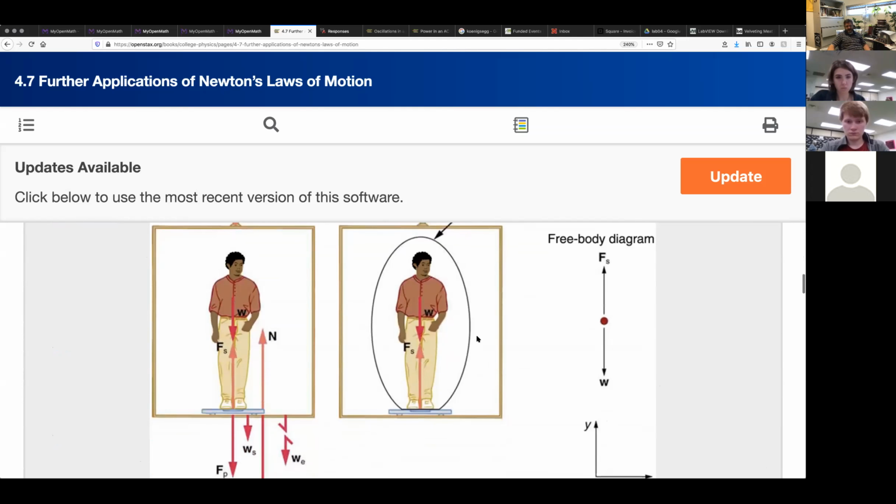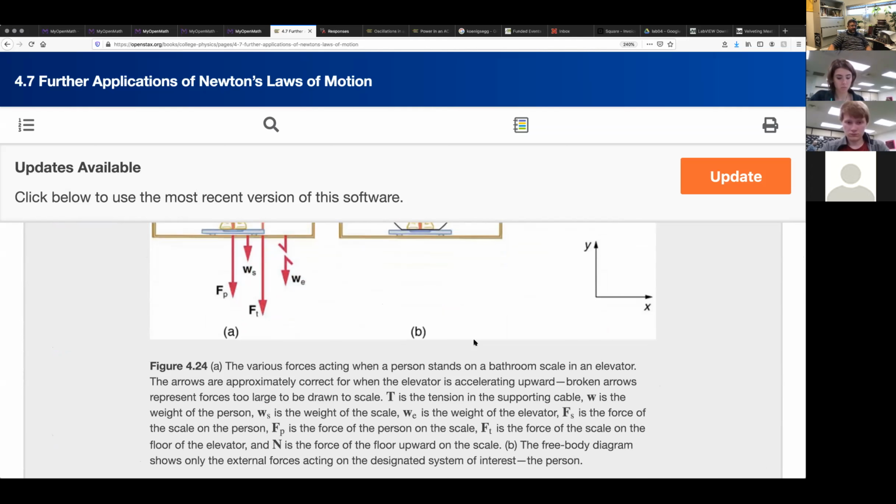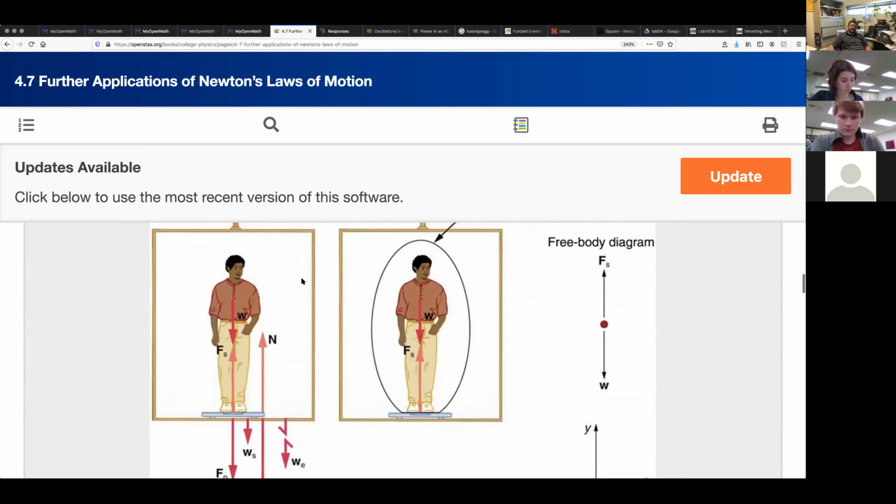This one confuses the heck out of people because we have a hard time wrapping our head around what it means to weigh ourselves. So if you're weighing yourself just on plain old ground, your weight is the gravity of the earth pulling you down. And if you're standing on the scale, which is what you do when you're weighing yourself, then the scale is pushing up on you as gravity is pulling down on you.